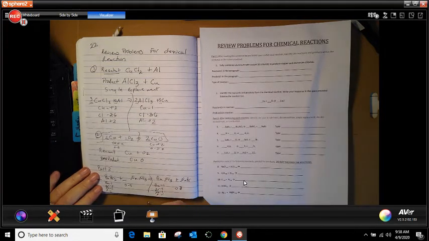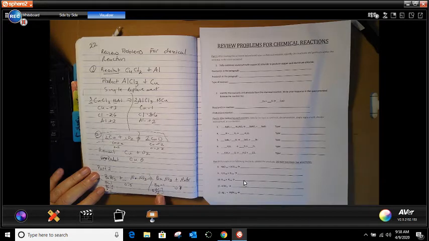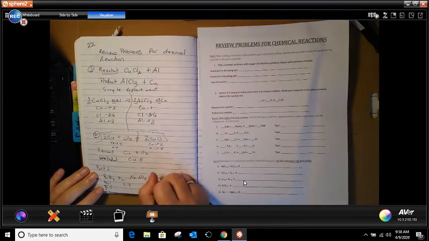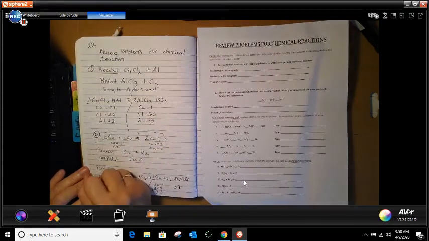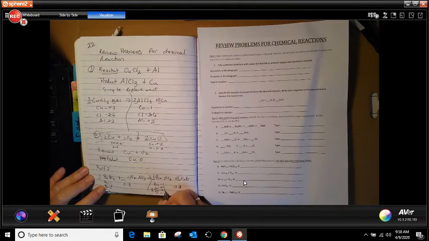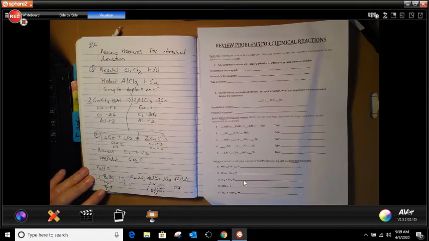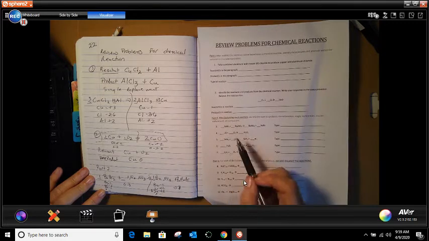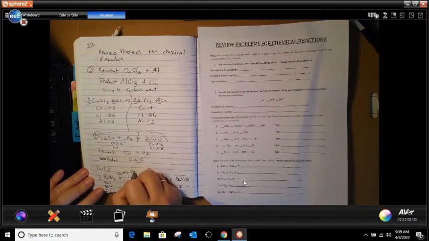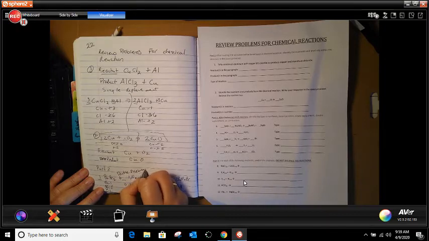So Br and Na is what I want balanced, and so I just need to change that to a 2, which is here, and now Br is 2, Na is 2, nitrogen and oxygen, and it's balanced. So if I look, it is double displacement, right?